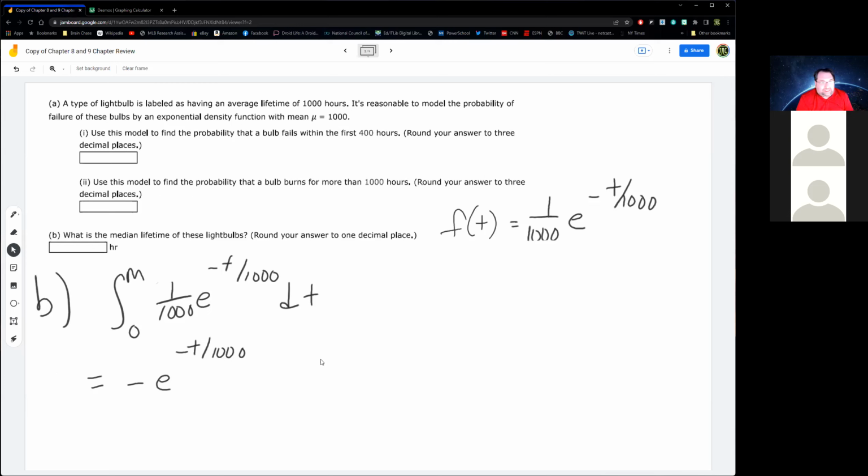So my integral doesn't actually change. What changes is I don't know what t is. I actually have to figure it out. So in this case, I'm doing it from 0 to m, and that has to equal 0.5.